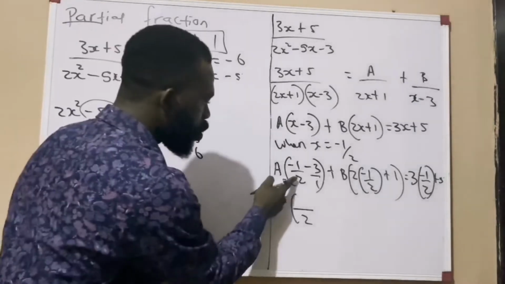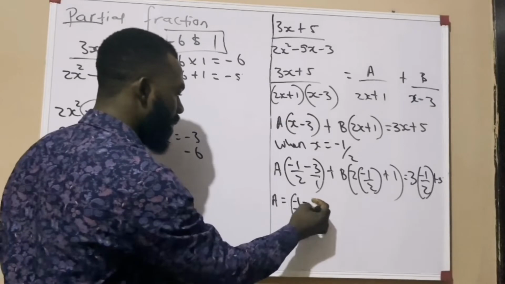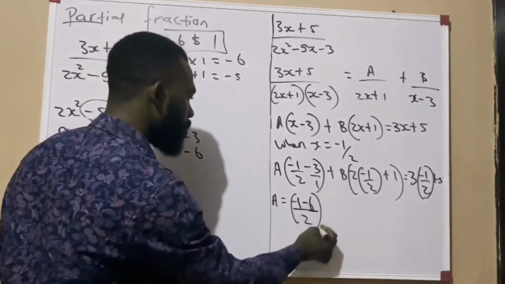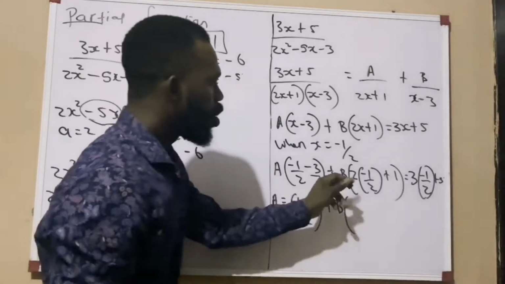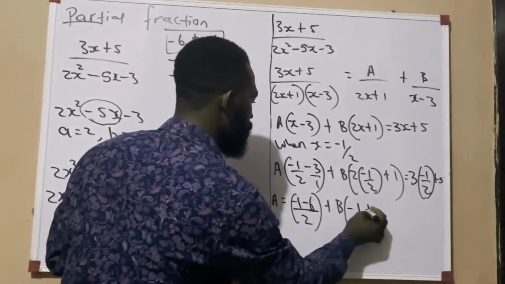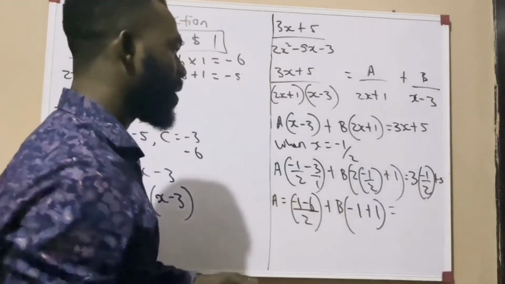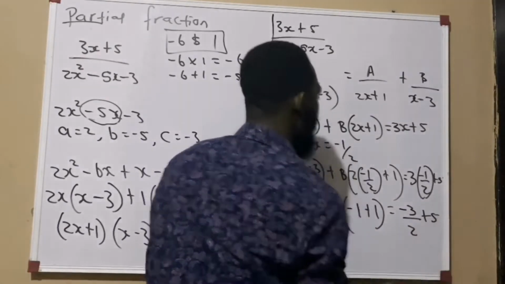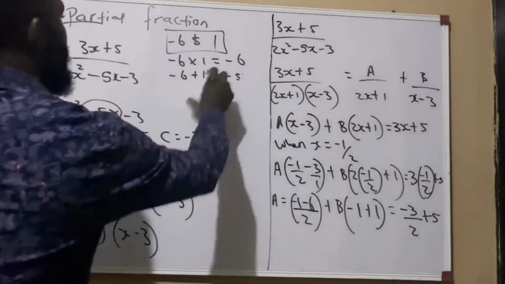Now 2 into 2 is 1. 1 times minus 1 gives us minus 1. Minus 1 into 2 is 2. 2 times 3 gives us 6. Plus, here, B into bracket, 2 times minus 1 divided by 2 will give us minus 1 plus 1. Okay, equal to, now, 3 times minus 1 gives us minus 3 over 2 plus 5. Alright, now without wasting time, let us clean.